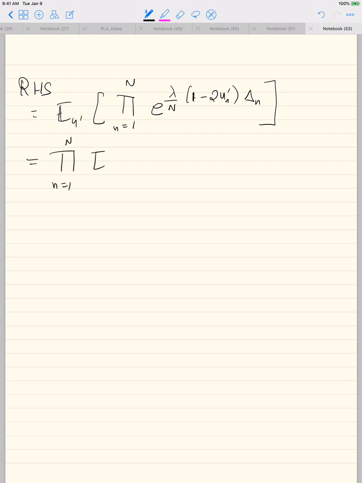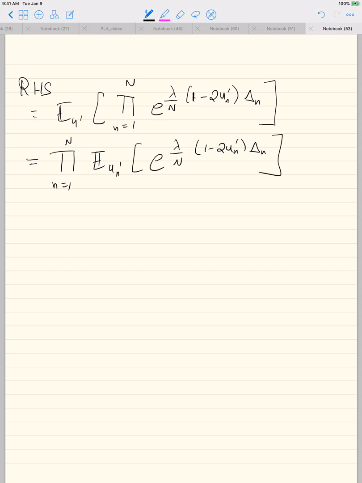The right hand side is expected value over u prime of the summation of n going from 1 to n, or the product now, we take out from the exponent, 1 minus 2 un prime delta n. And because the random variables are IID, this goes as summation of un prime e to the lambda by n, 1 minus 2 un prime delta n.